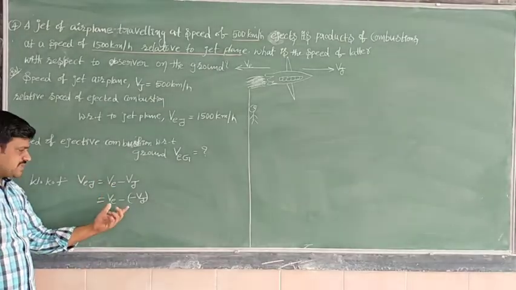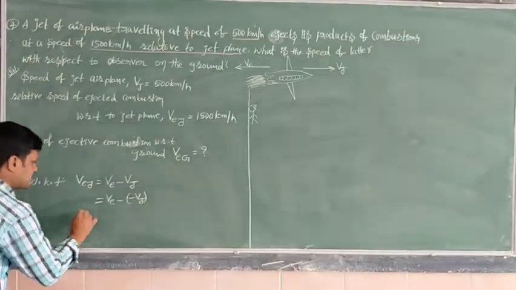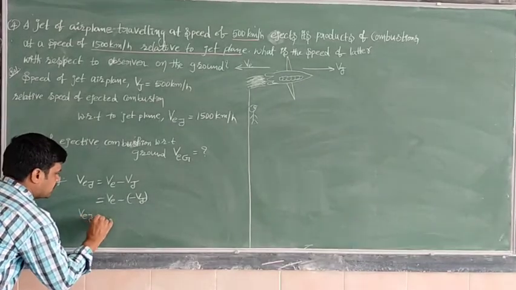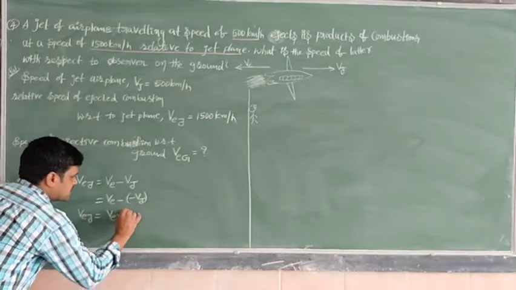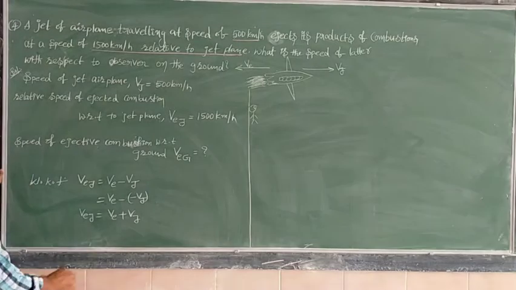Any one opposite means we can write it like this. So from this, the speed of ejection V_EJ equals V_E plus V_J.